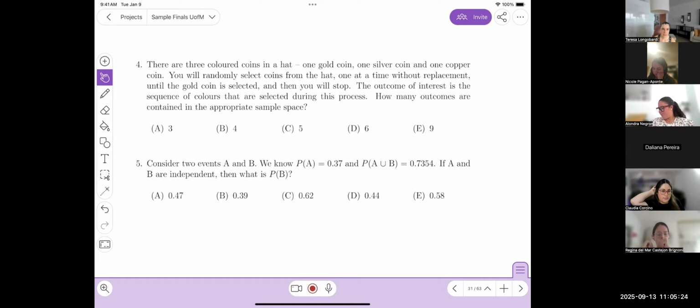All right. Ready? The first one could be a bit confusing because I'm asking you to do something we haven't done. So you're going to list the outcomes of interest.